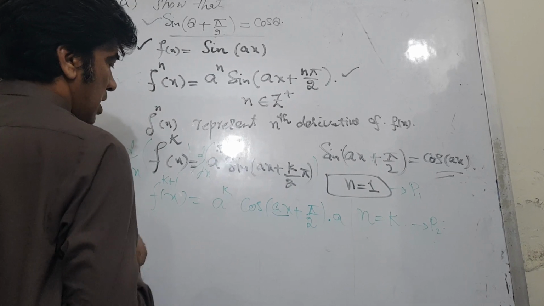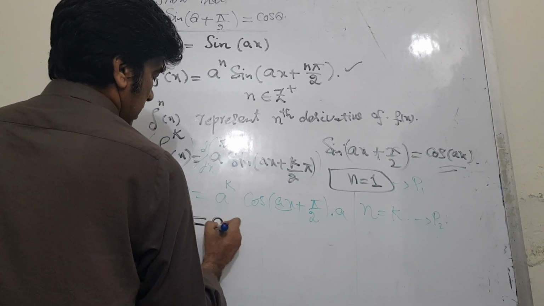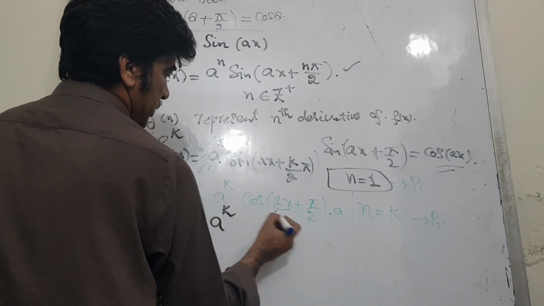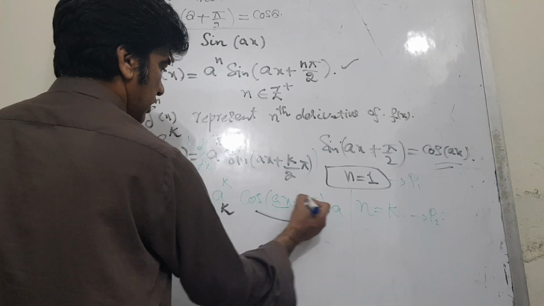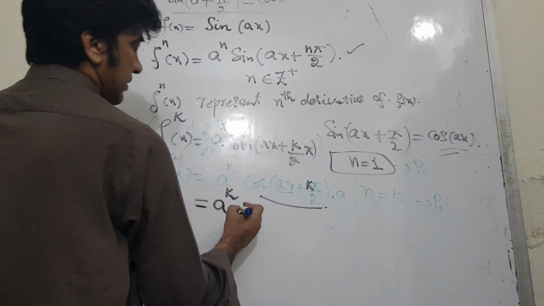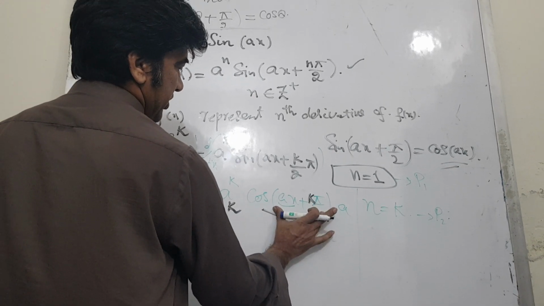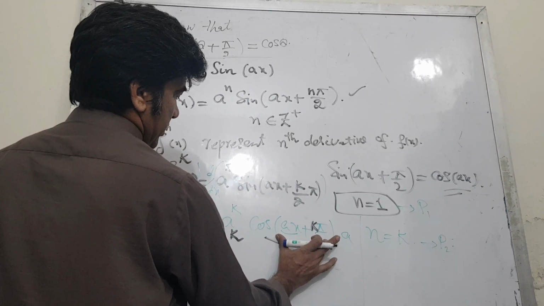Then for the simplification, as you know, there is also kπ. Now this is cos, and this is the identity for cos.